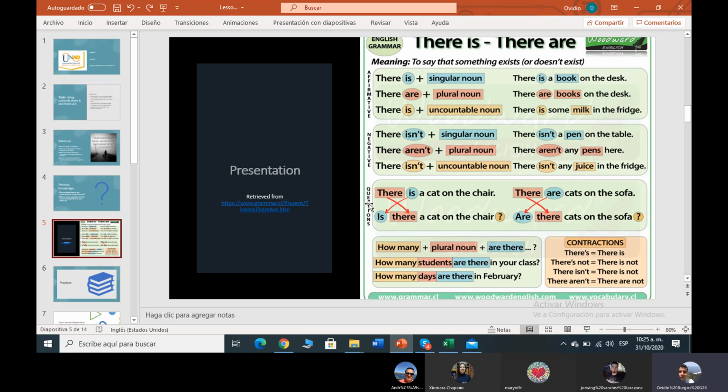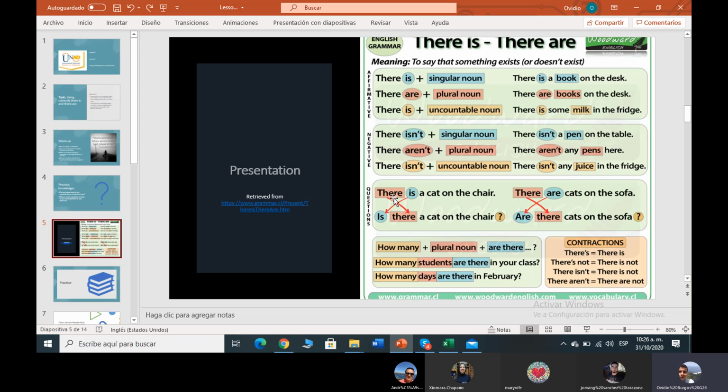With the questions, you remember an important rule regarding the questions. When you are going to ask a question, remember that if you are going to use an interrogative WH word, this is first and second the verb.